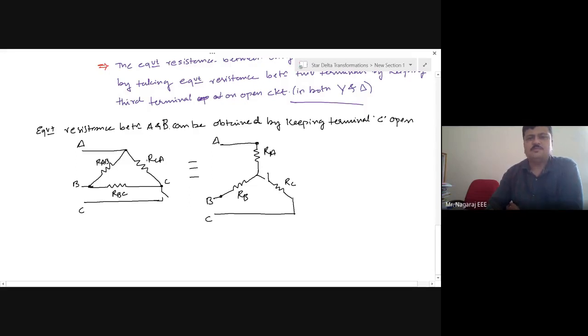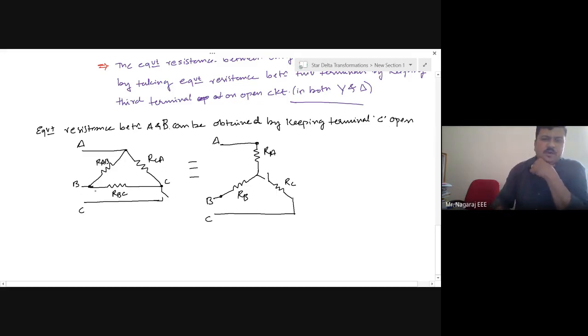When I open terminal C, my RBC and RCA come in series, and this series is in parallel with RAB. That is my equivalent resistance. Now in star, RC is out of the question, because there is an open circuit and no current flows through RC. It is simply RA and RB in series. So the equivalent resistance between A and B is obtained by keeping terminal C open.